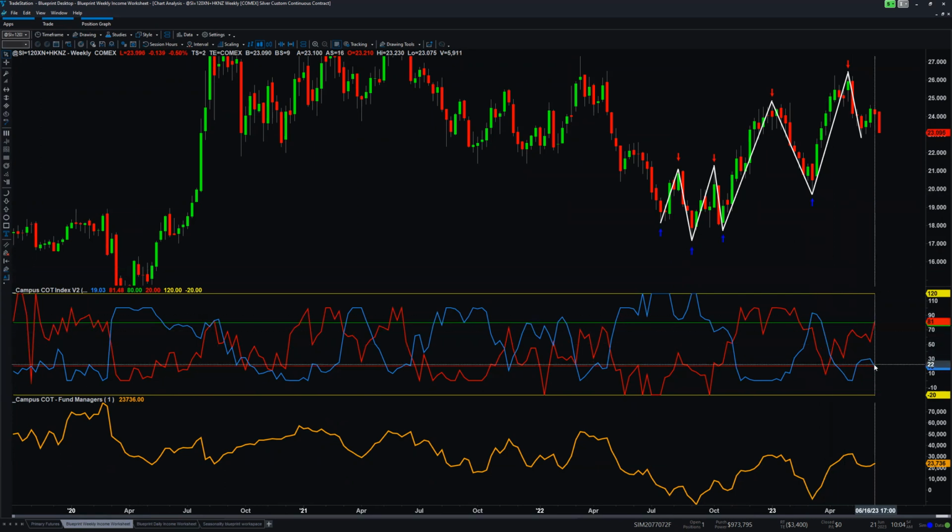Now it's flip-flopped, right? So the commercials are bearish and the retailers are bullish, which means we want to sell. And you can see right now price is also declining quite heavily as a result of just that opposite positioning of the retailers versus the commercials. So unless this flip-flops, I'm going to be bearish.